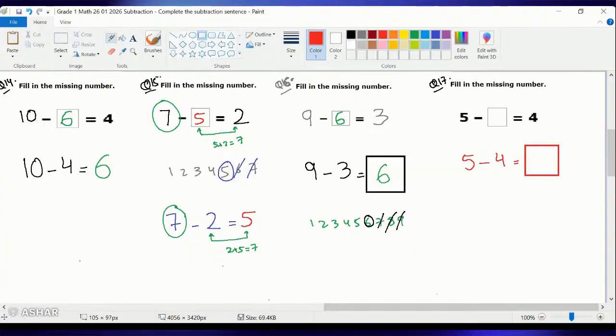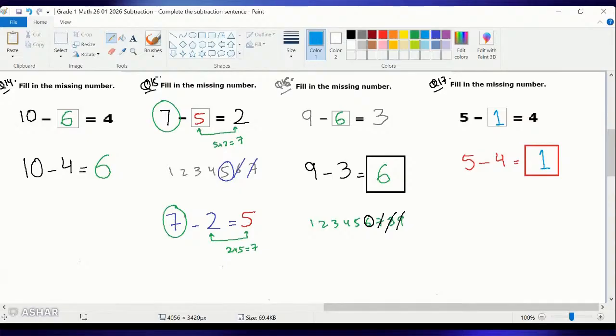So 5 minus 4 is always 1, because 4 and 5 are consecutive numbers. Consecutive numbers means that the numbers come one after another, right? So the difference of consecutive numbers is always 1. So we know that 5 minus 4 would be equal to 1, or from 5 if we subtract 1 we would be left with 4. Agreed?